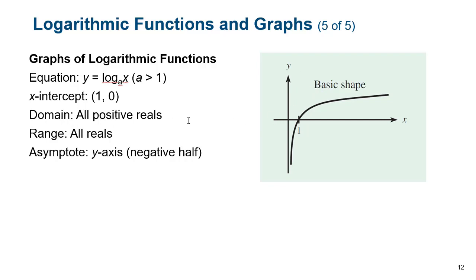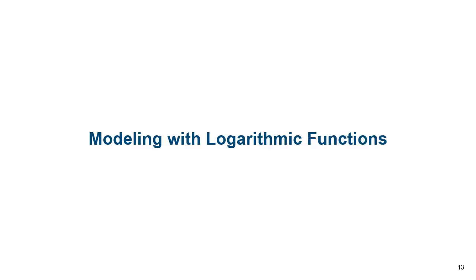So you can see that when you have inverses, domain and ranges trade places as well. And we have an asymptote of the y-axis, just like with the exponential, we had an asymptote of the x-axis. Again, inverses. Okay, let's see how we can model with these things.